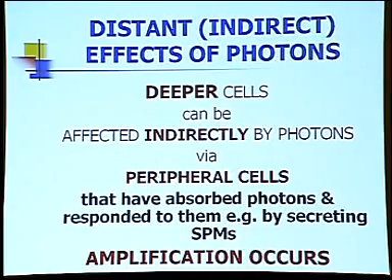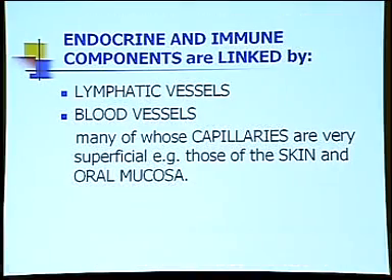These can be affected indirectly by photons via the peripheral cells that have absorbed the photons and responded to them, for example, by secreting soluble protein mediators. And therefore, you put a little amount of energy in, and you get massive amplification in time and space of the effectiveness. It's a very efficient way, a very green way of giving energy and stimulating repair.